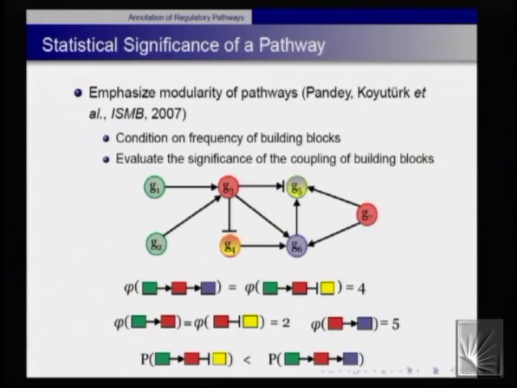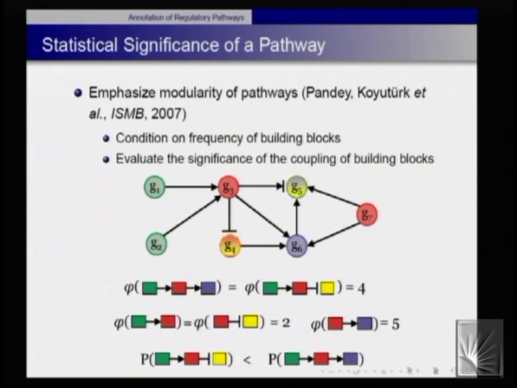For example here, these are the genes and they are colored according to processes. This is a hypothetical network and hypothetical processes. These genes are involved in different processes to make it a little more realistic. If you look at the frequencies of these two paths, you will observe that they both have the same frequency. They occur 4 times in this network.